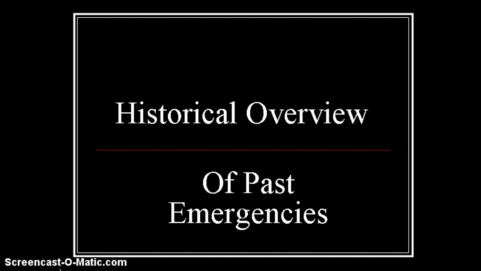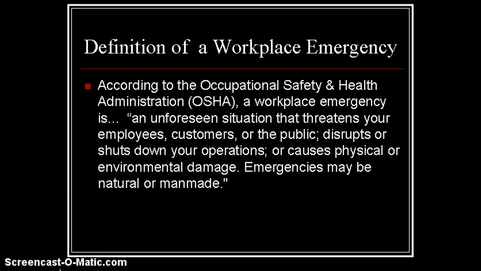Hello, we're now going to look at some historical emergencies of the past that have shaped the way America looks at emergencies and how the laws have been written due to each of these events occurring at different times in history.